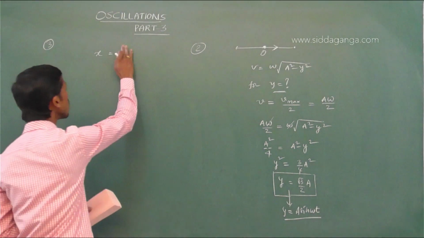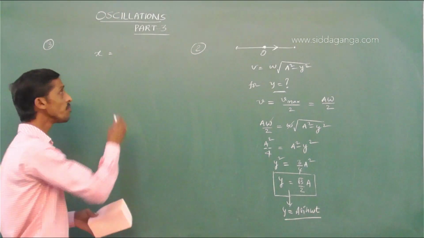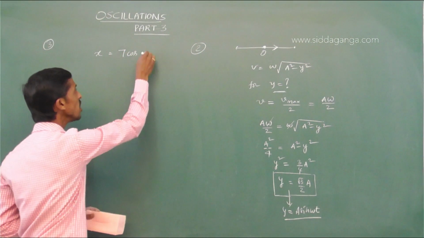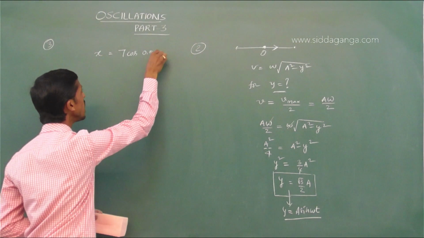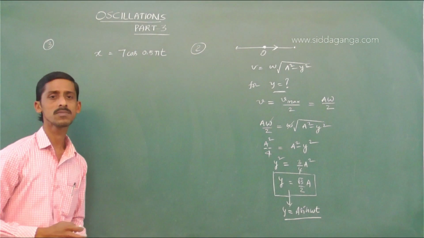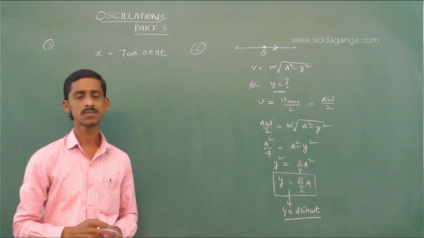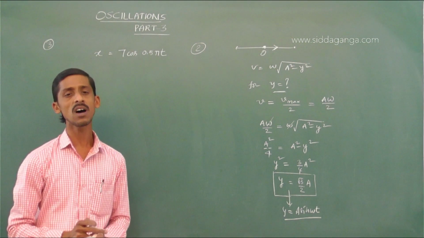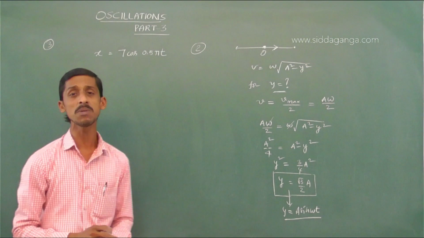So what is the equation given there? X is equal to 7 cos 0.5 pi t. The point moves from the position of equilibrium to maximum displacement.